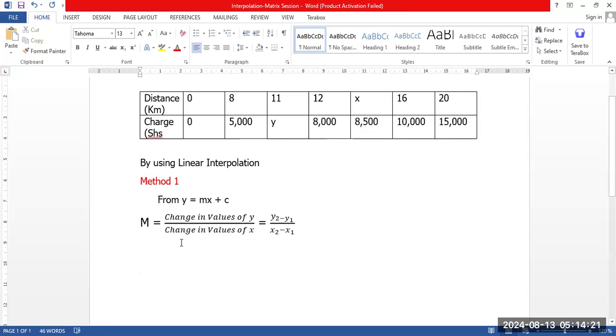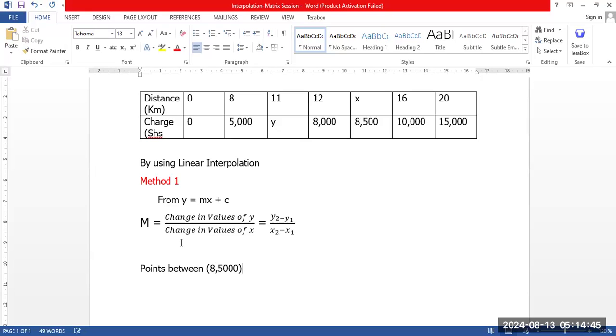Okay, so we are going to use point C between the first point, which is 8. Remember, we always start with the value of x followed by the value of y.